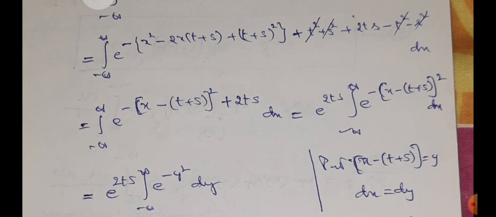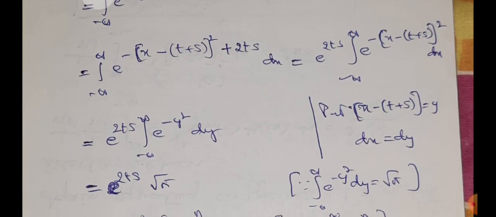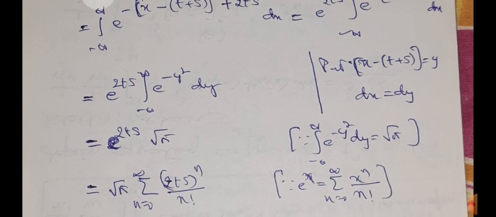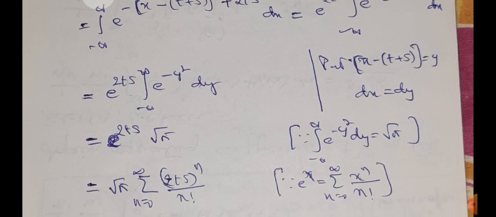Therefore dx becomes dy. So this becomes e power 2ts times the integral from minus infinity to plus infinity of e power minus y square dy. And we know it is a standard integral. The integral from minus infinity to plus infinity of e power minus y square dy is nothing but root pi. So this becomes e power 2ts root pi. So root pi comes out.